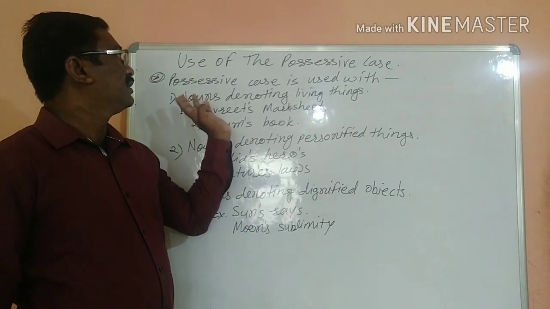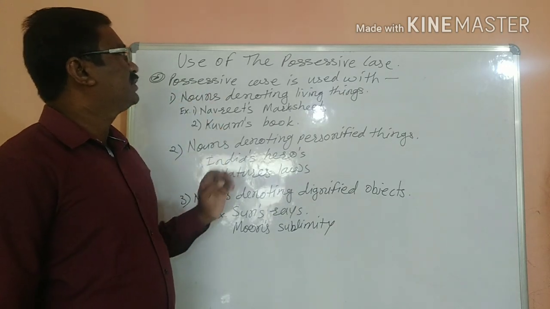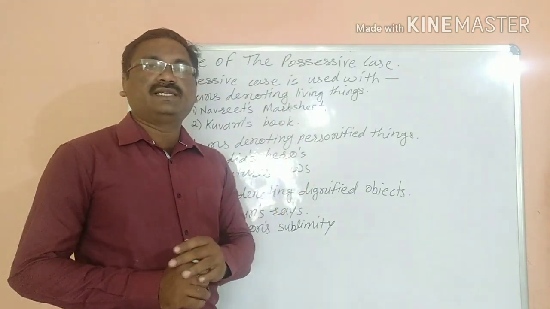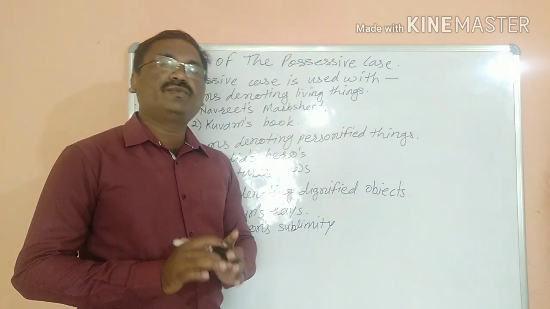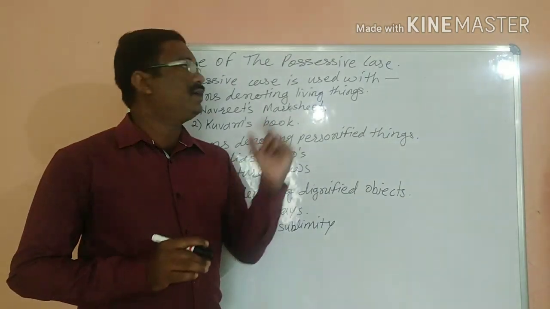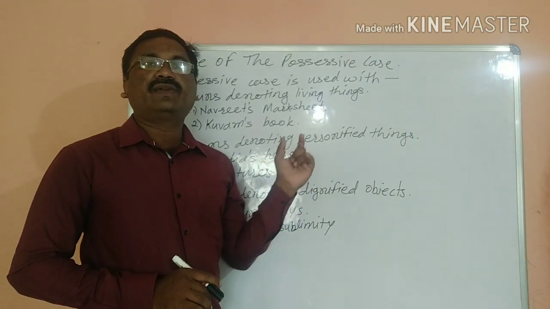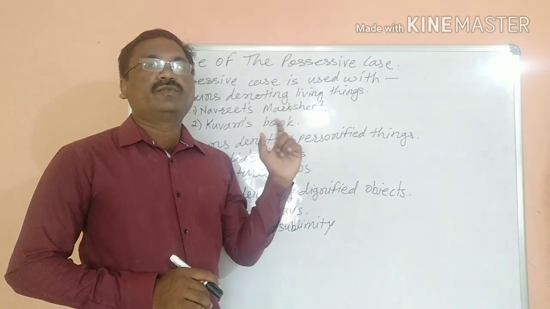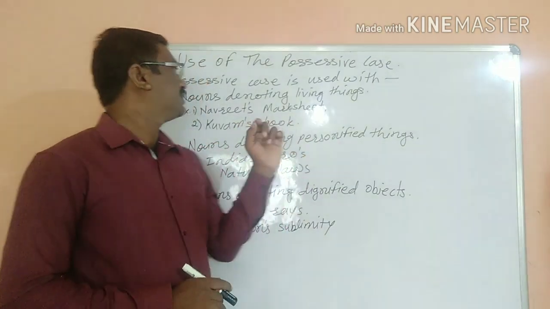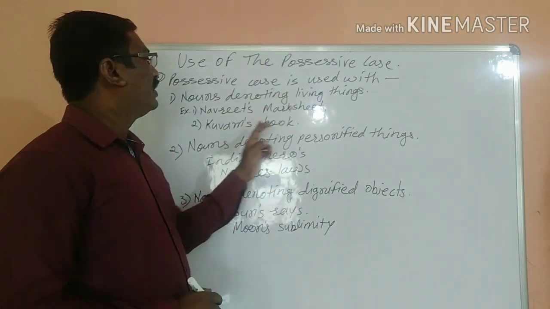If we see the uses of the possessive case, the first use is that the possessive case is used with living things. If any living thing is there, then we should use the possessive case. We should not use the possessive case with lifeless things. Are you getting? For example, Navreet's mark sheet, Kuvam's book.